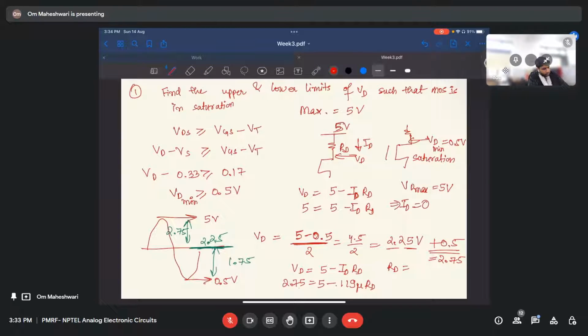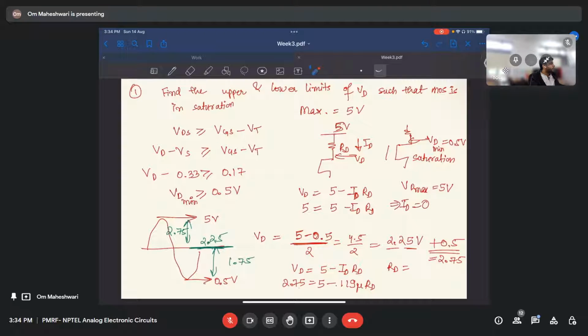Let us move on. So, we were here, VD equals 5 minus IDRD, and VD we have chosen 2.75, equals 5 minus 119 microamps into RD.